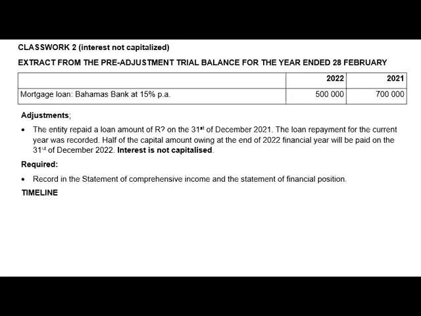For the current portion of the loan, they will always tell you. But sometimes the repayment, they won't give you the repayment. You just have to check at the loan. For instance, guys, if the loan last year was 1 million and this year the loan is 1.5, what happened during the year?